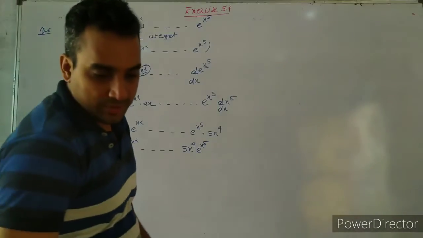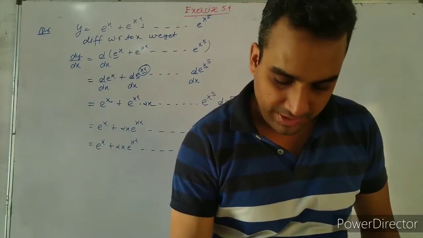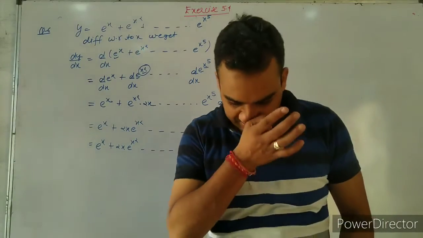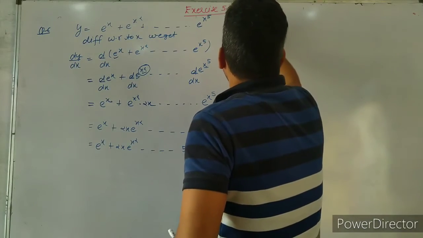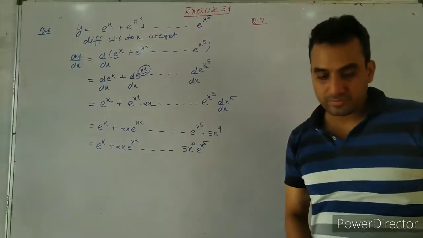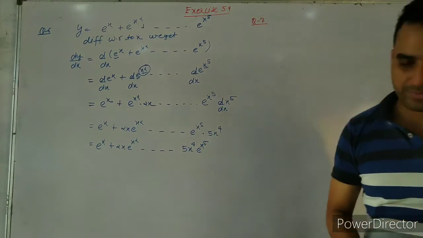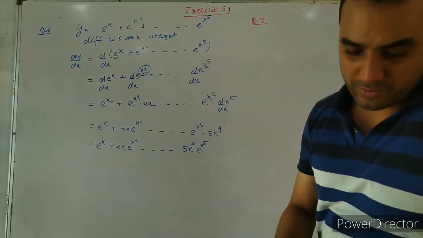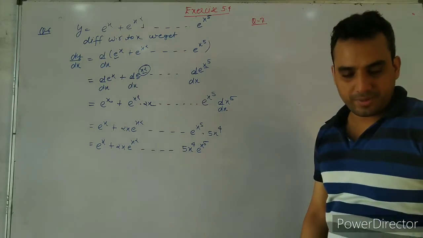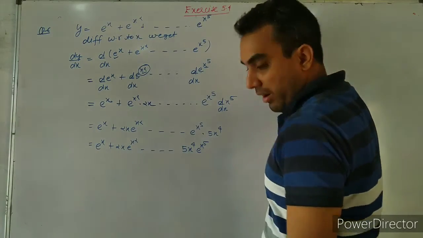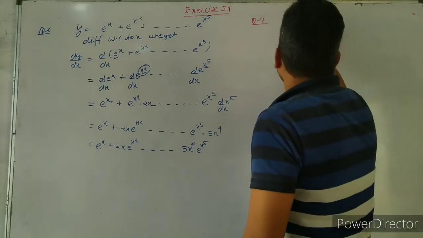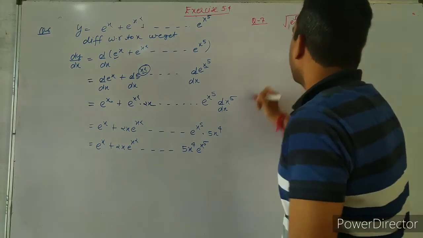Now moving forward to the next question, which is question number 7. This question is a little bit different from the previous questions, which is e to the power under root x.